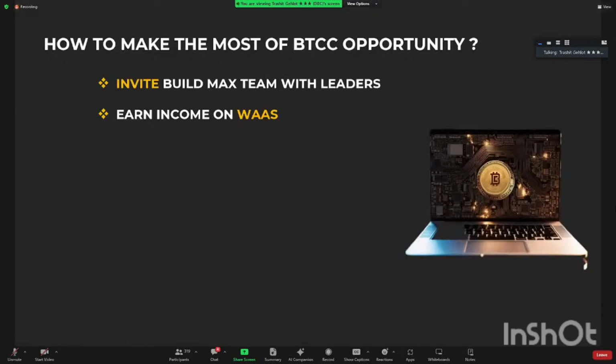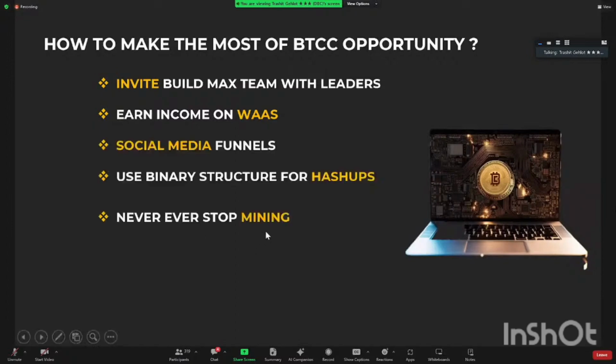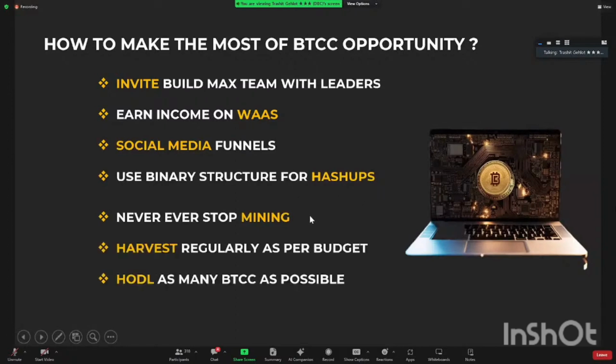So the more you earn on VAS, the more NFTs you can grab, and you can claim more BTCC, right? Social media funnel, use binary structure for hash ups, and never stop mining. Harvest regularly as per budget. Hold as many BTCC as possible. Learn, educate, and duplicate. You can take a screenshot of this. I'll hold it for a couple of seconds.